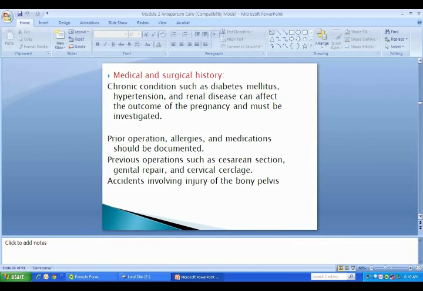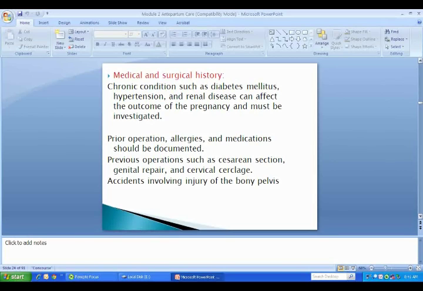We've got to know if she has any prior operations, particularly related to the cervix and the uterus, because that could impact her ability to again have a vaginal delivery. Any allergies, medications also, because there are several medications that are teratogenic, so we need to document them. And some of those medications are for chronic conditions such as seizures.